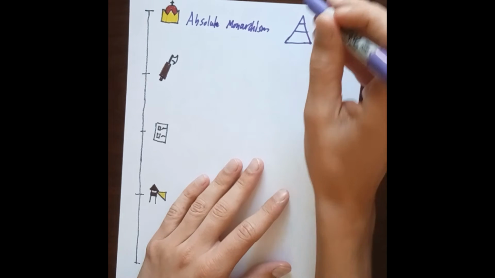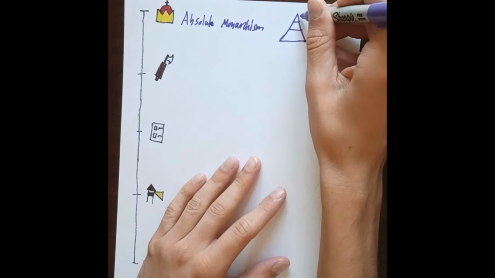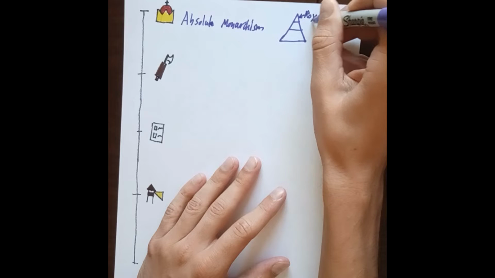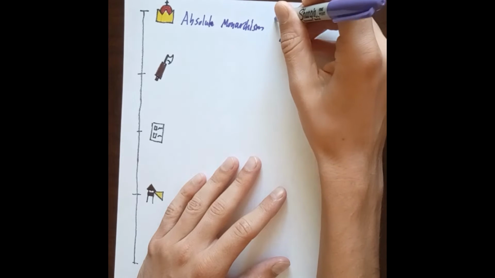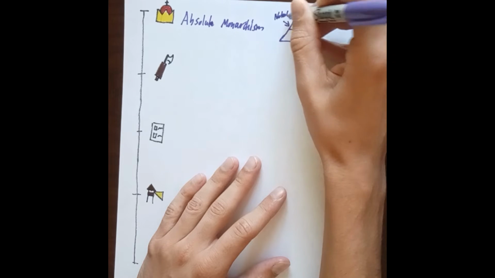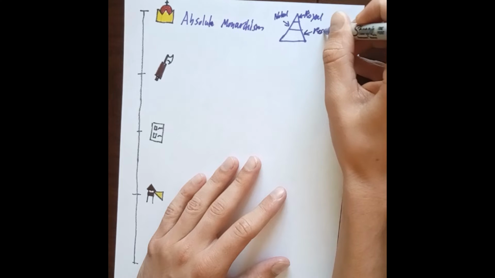It typically has three classes. The royal class, the noble class, and the peasant class.